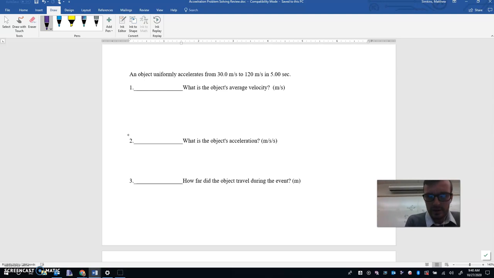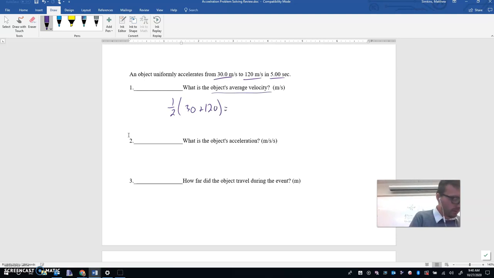So it says we accelerate from this speed to that speed in that much time, and it asks us what's the average velocity. Now, this isn't on our equation sheet, but average velocity, you know the average is just add two things up and divide by 2. So I would say 1/2 of 30 plus 120, that would be 0.5 times 30 plus 120, which gets me to 75 meters per second.